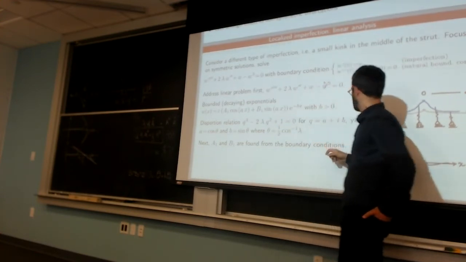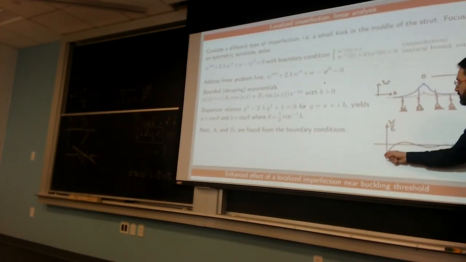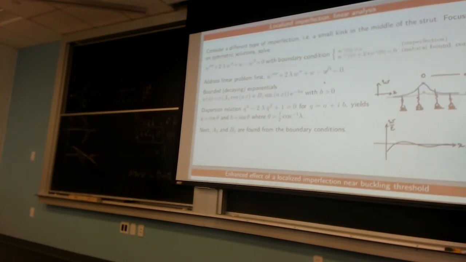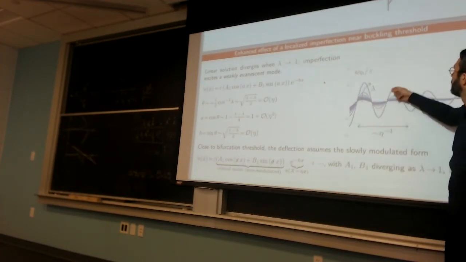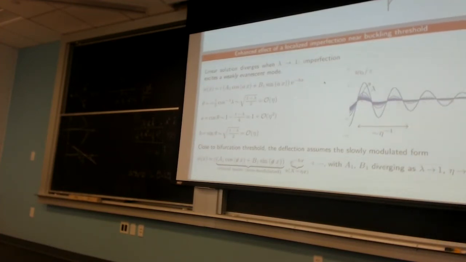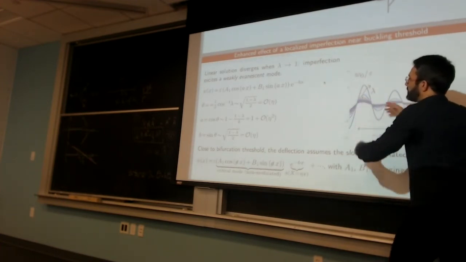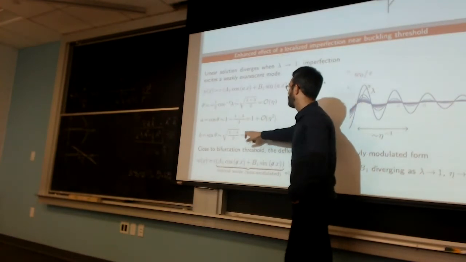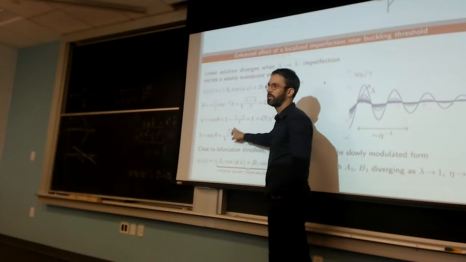So this damped thing, which is the response to a localized perturbation, as you increase the load and come closer and closer to the bifurcation, is going to connect smoothly with the spontaneous buckling mode of the system, which makes sense, right? So the striking feature here is that there's a decay length, and the inverse length goes to 0 near the buckling threshold.